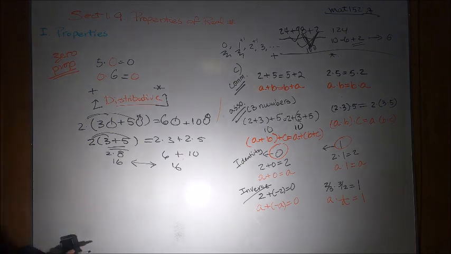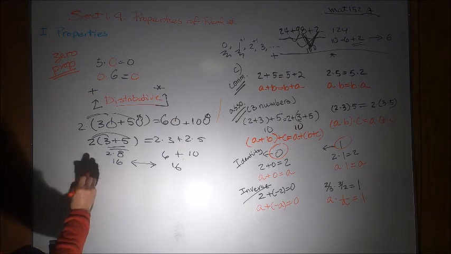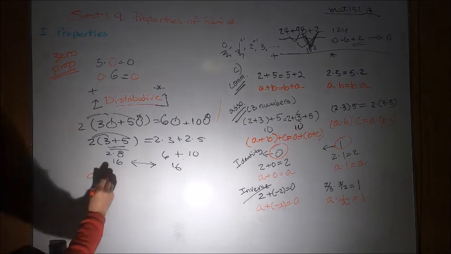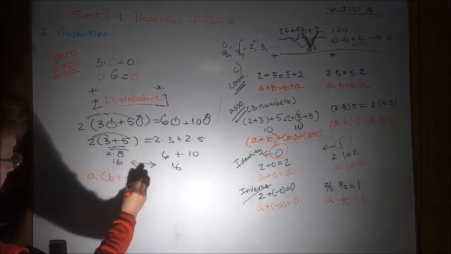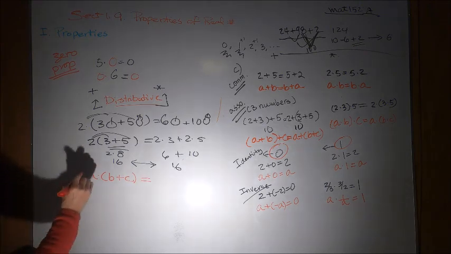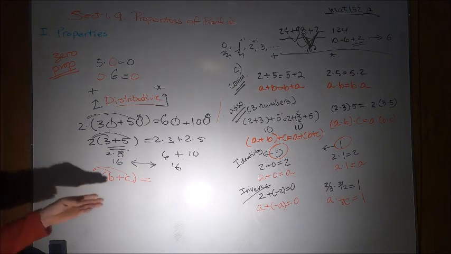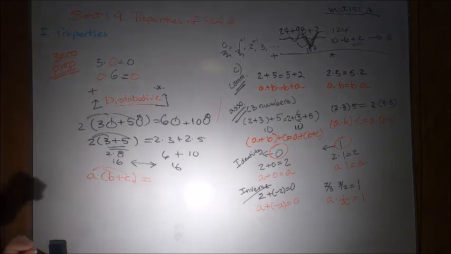However, in an algebraic sense, we have A times the quantity B plus C. What's the result if I don't use parentheses? I need to apply my A to both B and C, 2 different things.